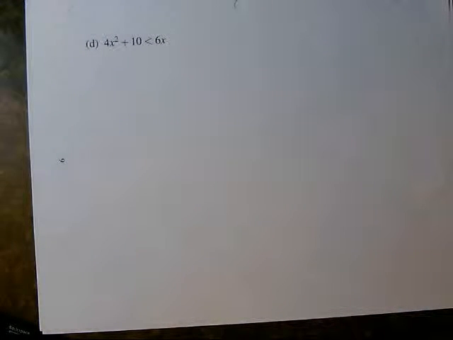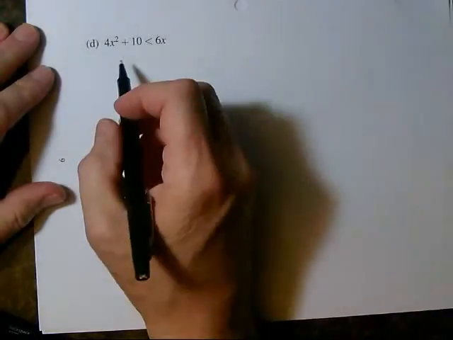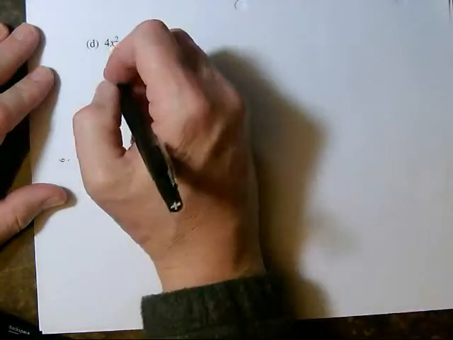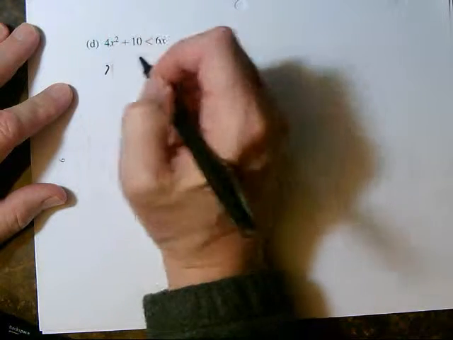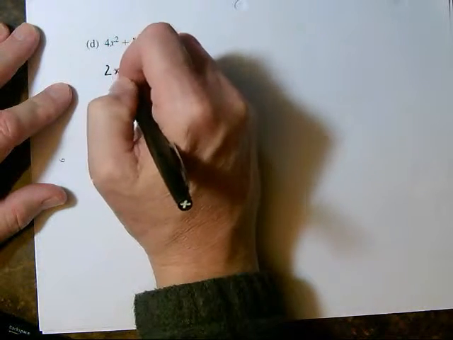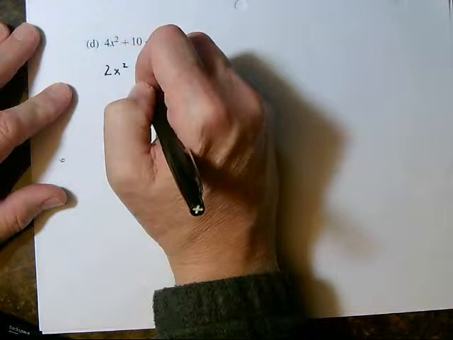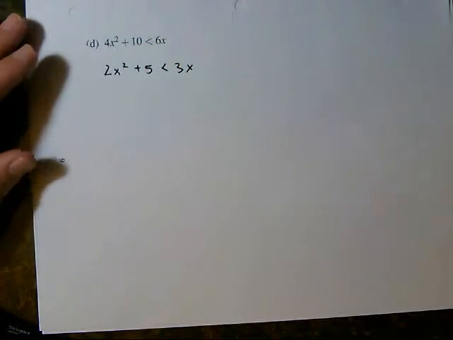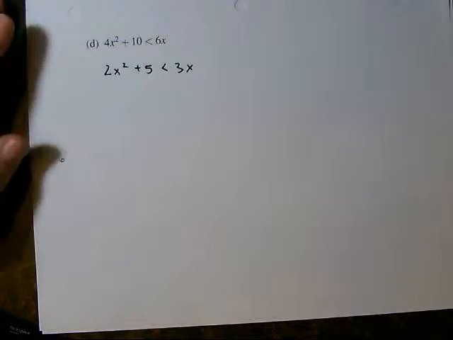Now I look at that, and the first thing I see is, hey, there's a common factor of 2 in all three terms. The first thing I'm going to do is divide both sides by 2. You can do that whether it's inequality or an equation. Then I'm going to pass to the equation.